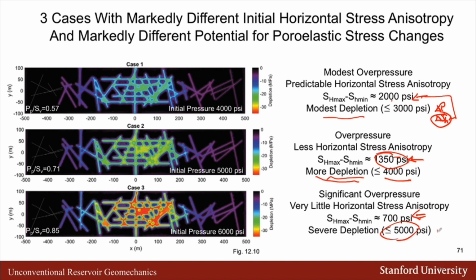And here, we have a very large delta P, a very large delta S, and we have a very small stress anisotropy. So if you had to guess, you'd have to guess that as we go down in this direction, the effect of depletion is going to be more and more significant. All right, small depletion, large stress anisotropy, high depletion, low stress anisotropy, a low poroelastic stress change, a high poroelastic stress change, and so on.